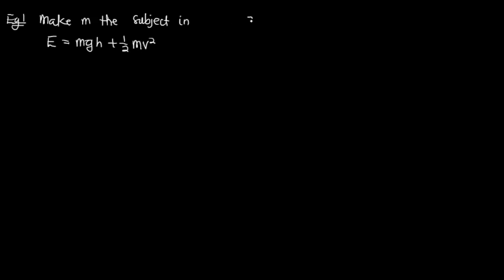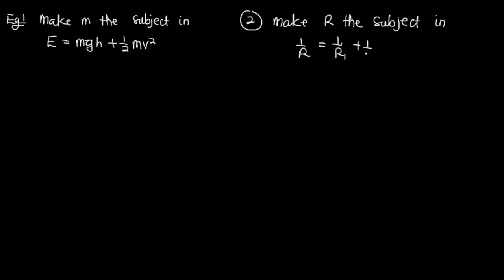Then example number 2, make r the subject in 1 over r is equal to 1 over r1 plus 1 over r2. This is the formula that we use to find the total resistance of resistors connected in parallel.